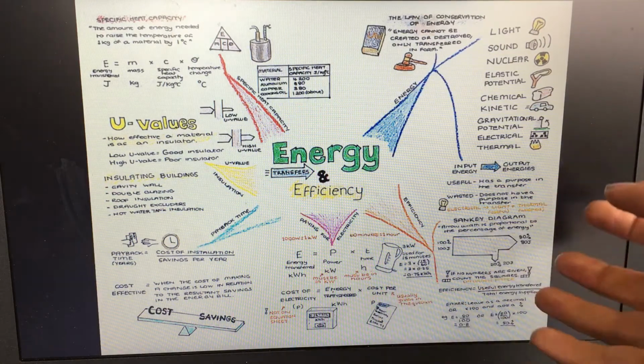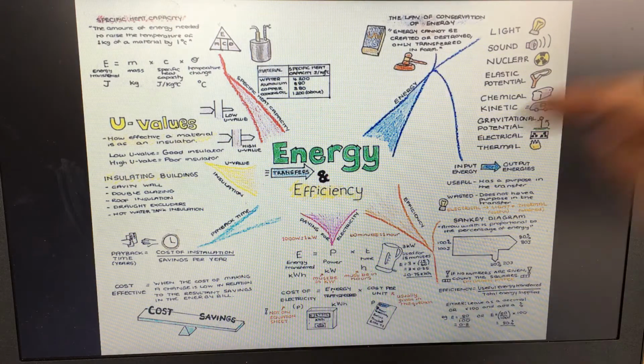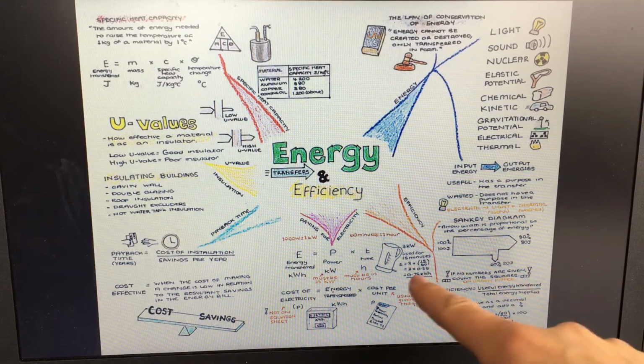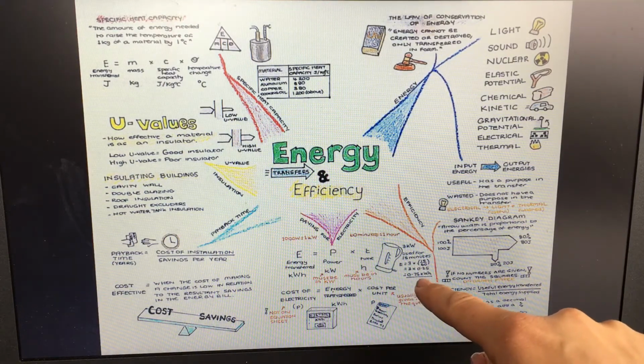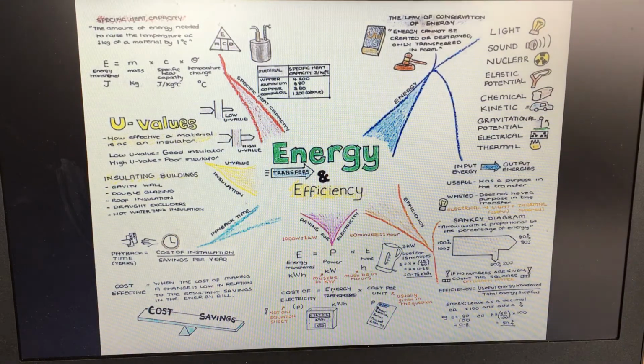So it's usually about 10, 11p. So your answer will be in pence, not pounds. So they usually ask for it in pence. Don't try and convert it into pounds or anything, just leave it as it is. So for this one, if it says it costs me 10p per unit, you do 0.75 times 10, so it'd just be 7.5 pence. Okay, so that is energy transferred.